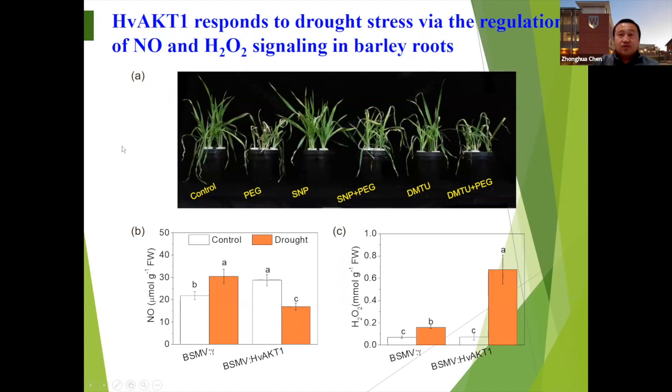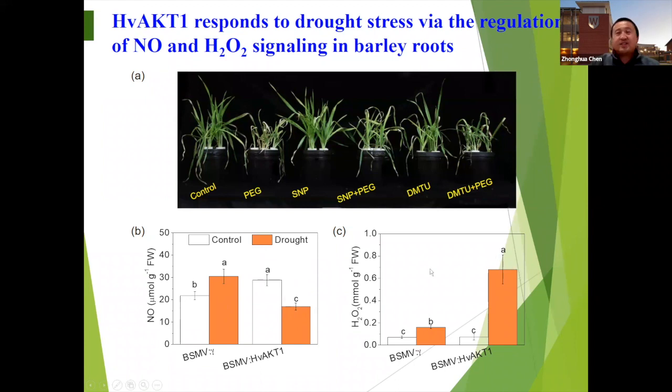For the secondary messengers like nitric oxide and hydrogen peroxide signaling, we can clearly see that when the plants are silenced with HvAKT1, there is a decline of nitric oxide production under drought, but an increase of hydrogen peroxide.